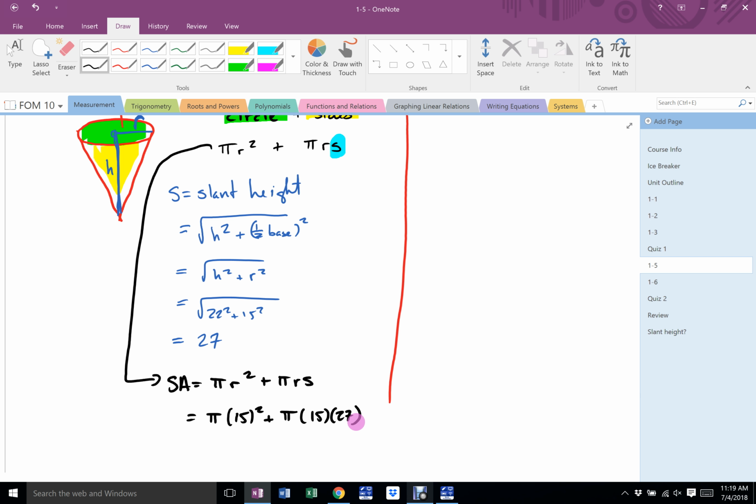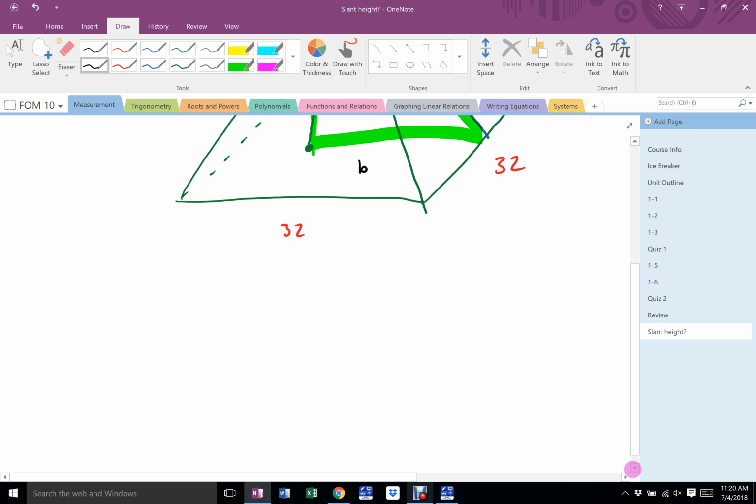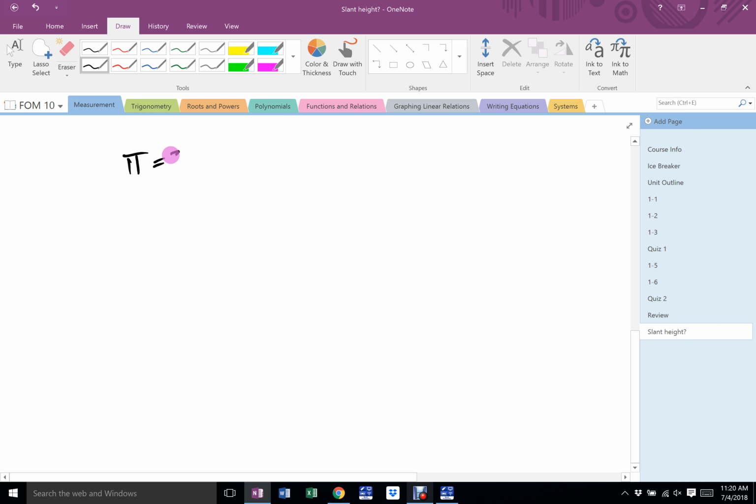If you have done something with pi previous to grade 9 and 10, you probably used, and do not do this, pi equals 3.14, right? A lot of people are still teaching you guys to use this.